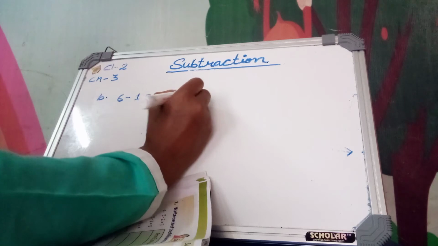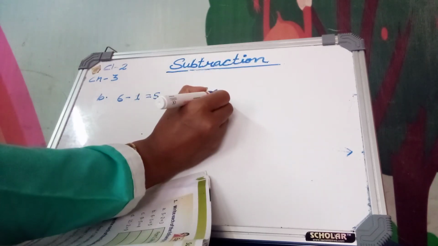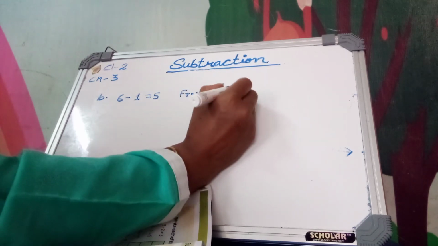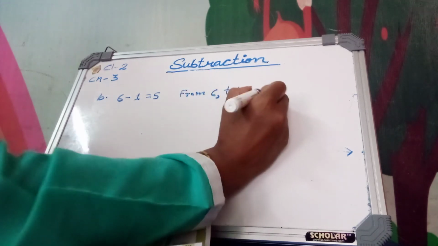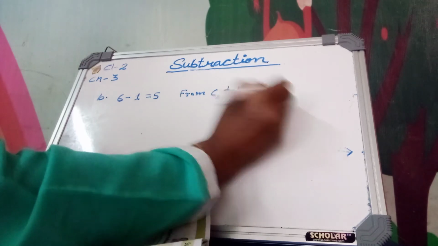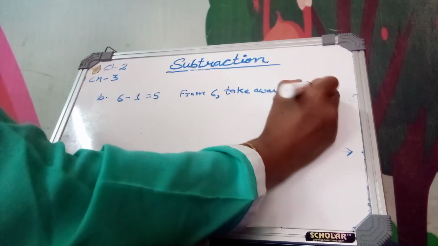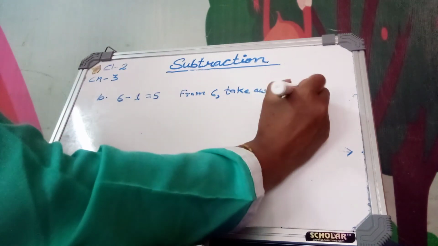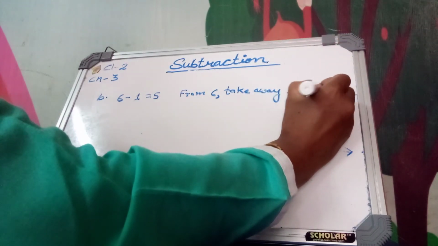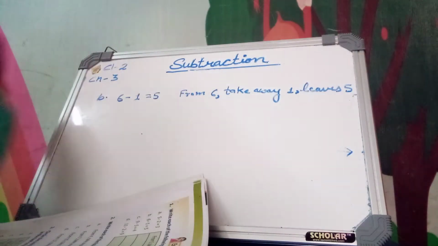From 6, then use a comma, take away how many? 1. Then comma, leaves 5.